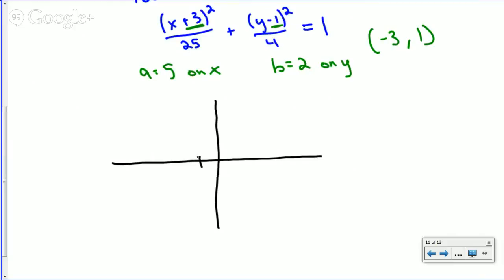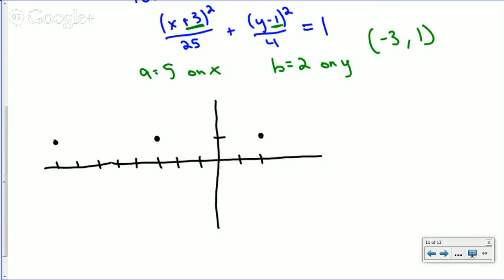Okay, so we're at negative 3, 1. There's your center. Now in the x direction, we're going to go right 5. So 1, 2, 3, 4, 5. We're going to go left 5. So 1, 2, 3, 4, 5.